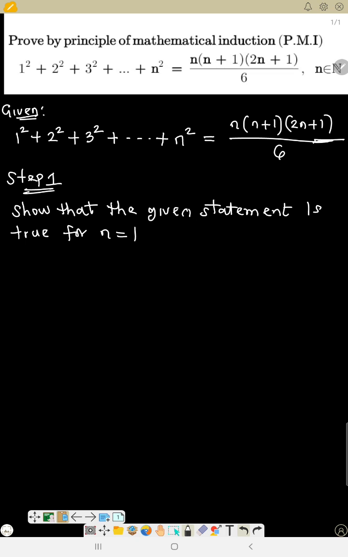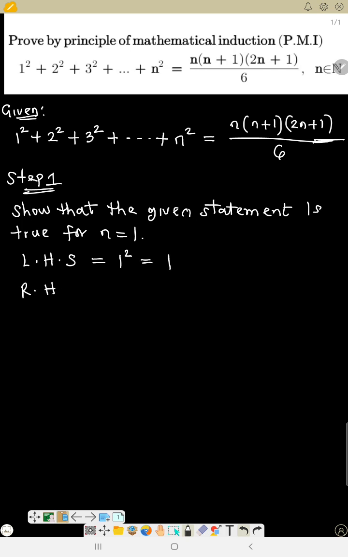So to show that the given statement is true for n equals 1, you have the left hand side. The first term, that is for n equals 1, we have 1 square there. That is the first term. So 1 square is 1.